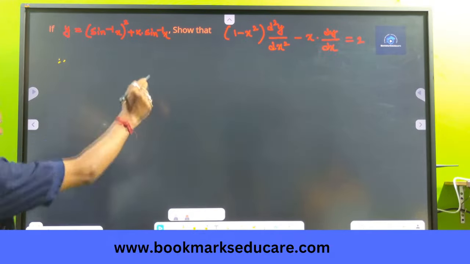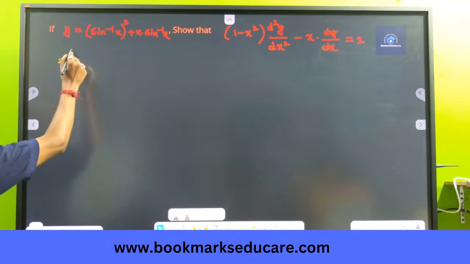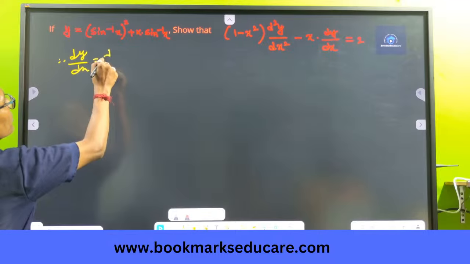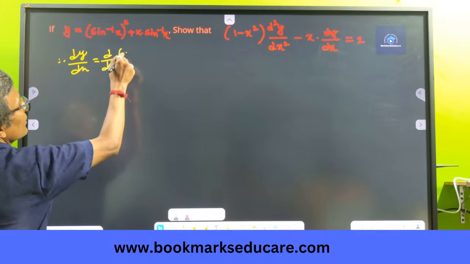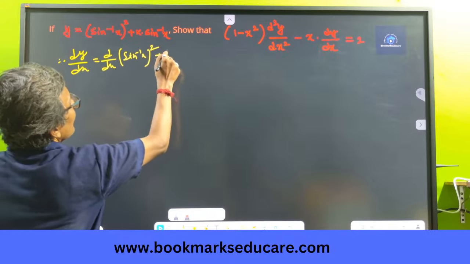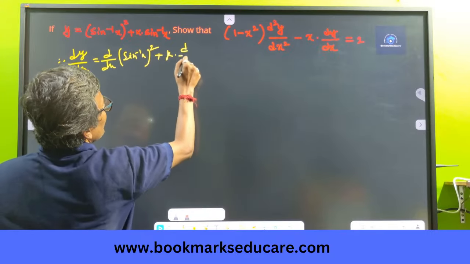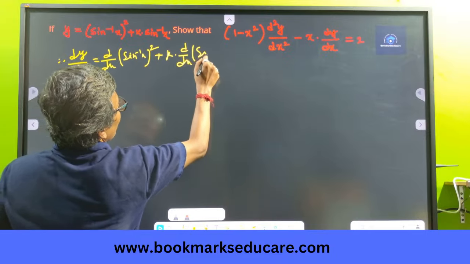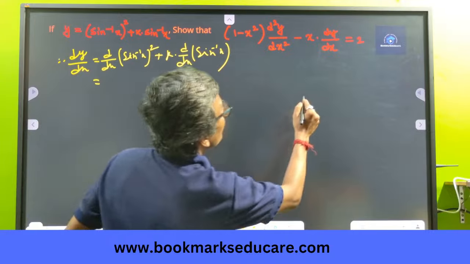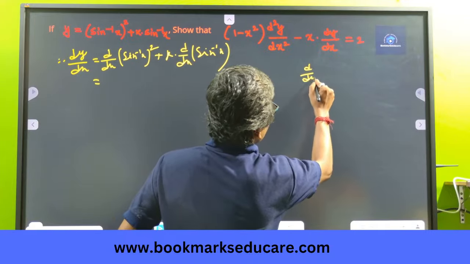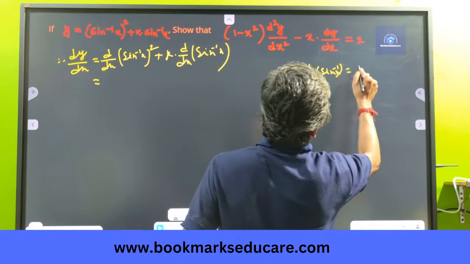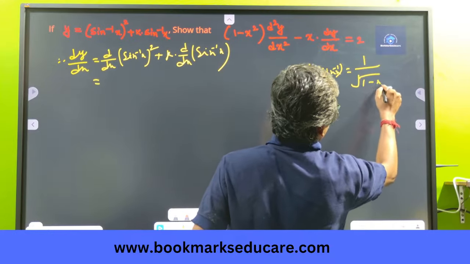So differentiating on both sides with respect to x, dy by dx is equal to d by dx of sine inverse x whole square plus k into d by dx of sine inverse x. So d by dx of sine inverse x is equal to 1 by root over 1 minus x square.